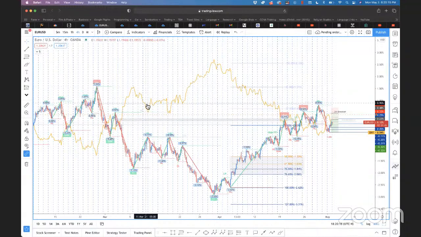We started pushing down from here. Swing low, swing high. We sell off from here. We push up from here. We get to this point right here, swing low, swing high. This sells off, EU pushes up.